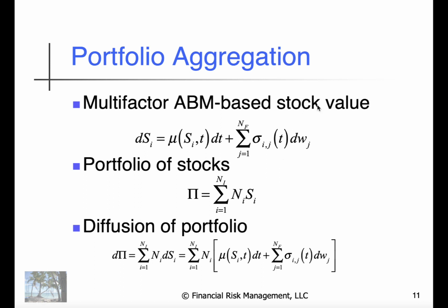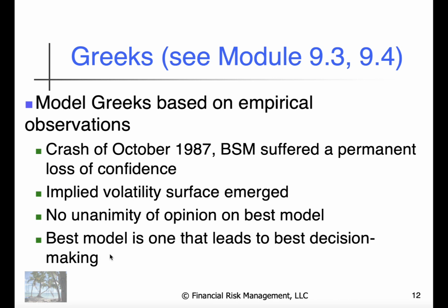And so you can easily roll up and roll down between the individual risk items and the stock, or the individual stocks in a portfolio and the value of the portfolio itself.